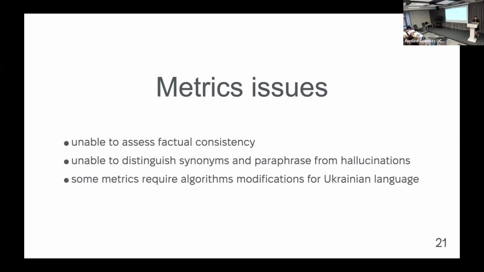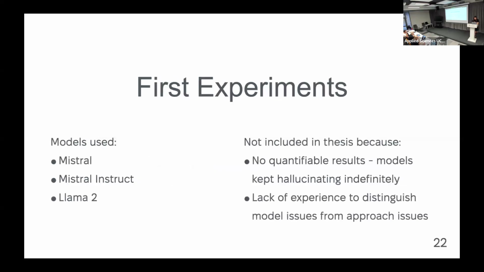And some metrics required modification for the Ukrainian language due to, for example, the fact that in English the words are without inflections, and in Ukrainian there are inflections, and the meaning can be different when using a different inflection, and these metrics will consider these words totally different.